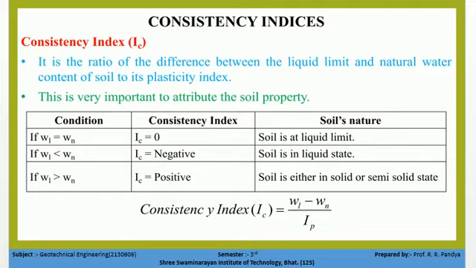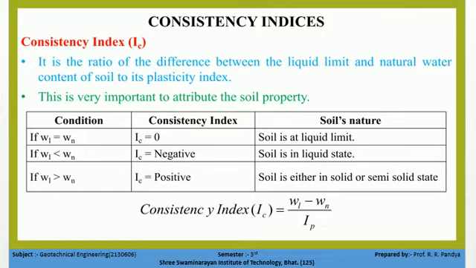This is very important for characterizing soil properties. Here in the table there are some conditions. On the basis of those conditions, we have the value of consistency index. Through that consistency index, we can understand the nature of soil. So first one: if the liquid limit is equal to the natural water content, then the consistency index will become 0.